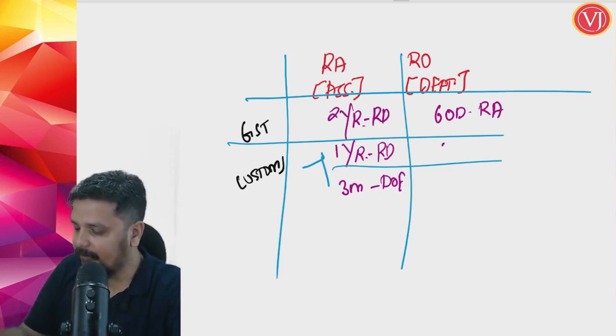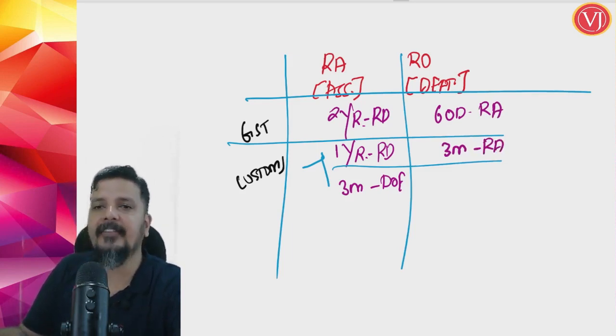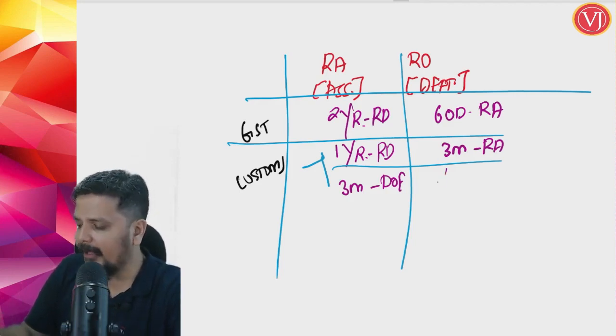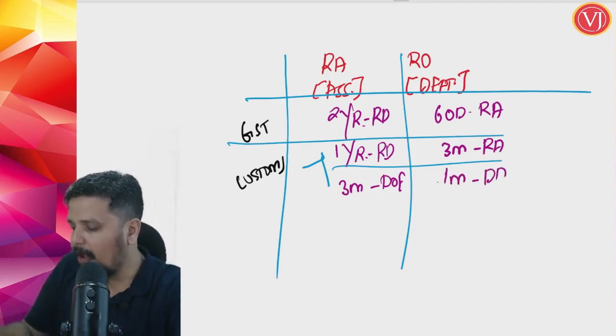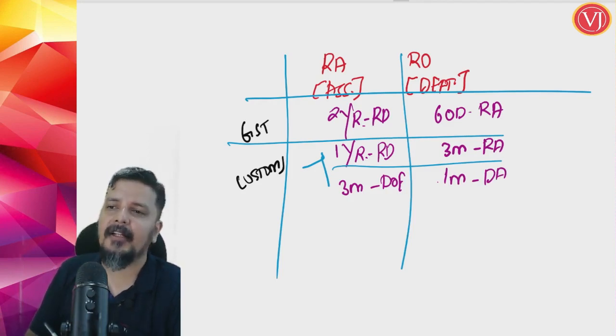In customs, 3 months from the refund application. If not, interest will start. In duty drawback, 1 month from the drawback application. If not, your interest will start.